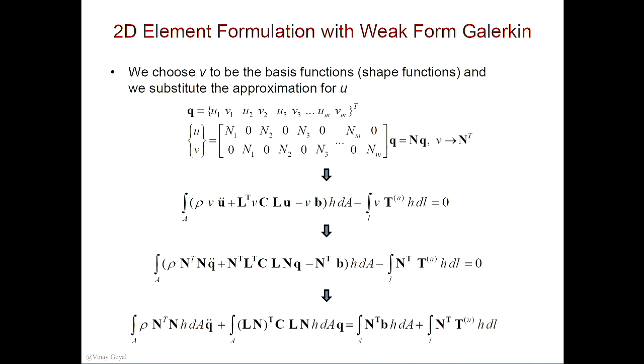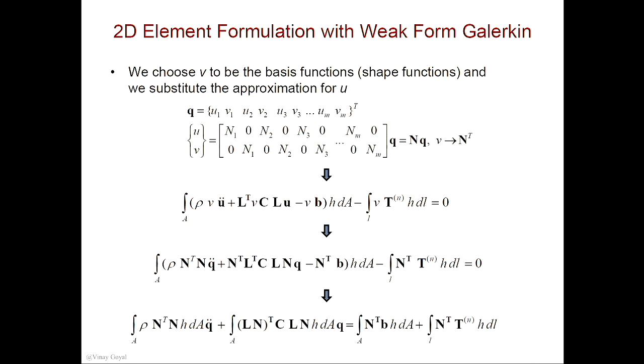I now apply again the principles of weak form Galerkin. I did it before with Rayleigh-Ritz. What I'm going to do now is a little bit simpler. It's only 2 rows now because it's just U and V, only 2 unknowns per node. And so then I'll take the shape functions, N1, N2, N3.